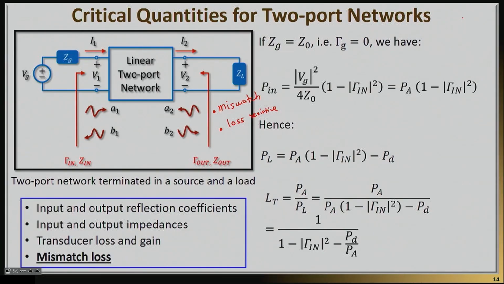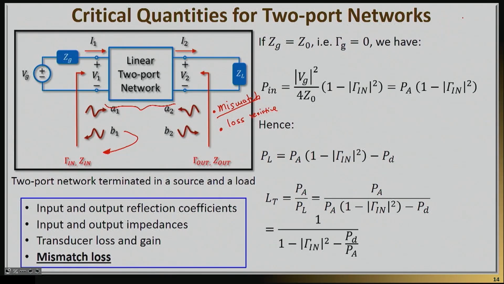And they're of two different natures. The resistive loss is the amount of loss that this network will consume because of having resistors, because of having ohmic losses. On the other hand, mismatch loss is really the power that will be reflected back. So it's not lost in the sense that it doesn't turn into heat, but it is lost in the sense that it doesn't go to the load.